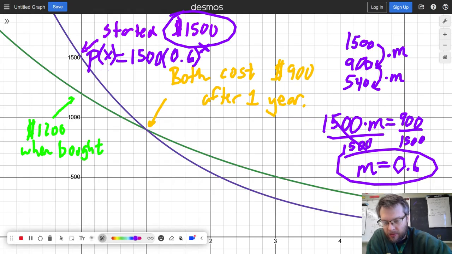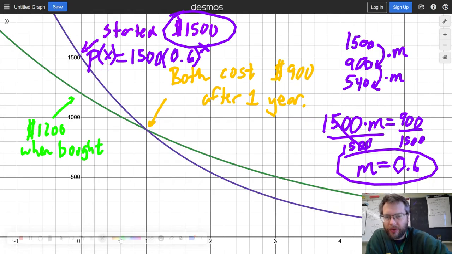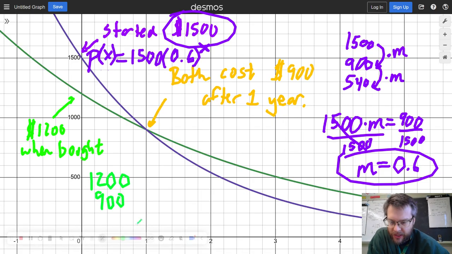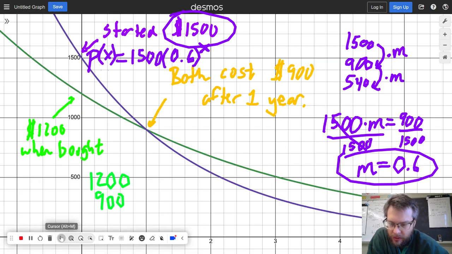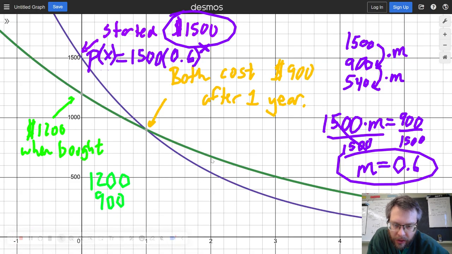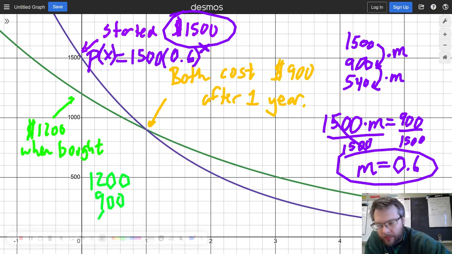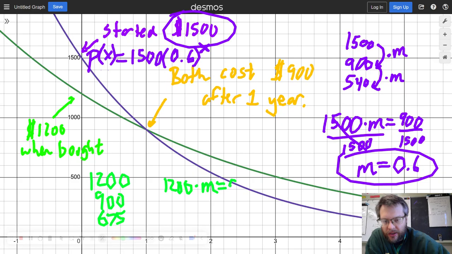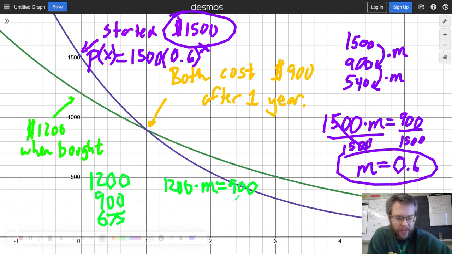Let's do the same game with the green function. The green function starts at 1200. Then it goes to 900, and then it goes after that to, let's click on this green one here, 675? Okay. So same process here. I know that 1200 times something is 900. How do you solve an equation with times?